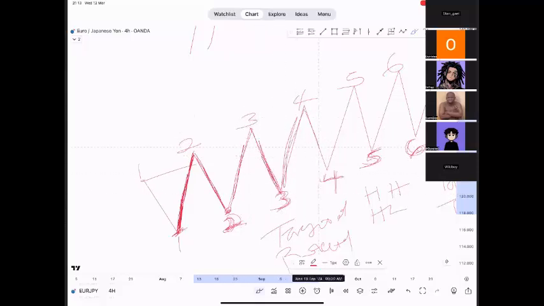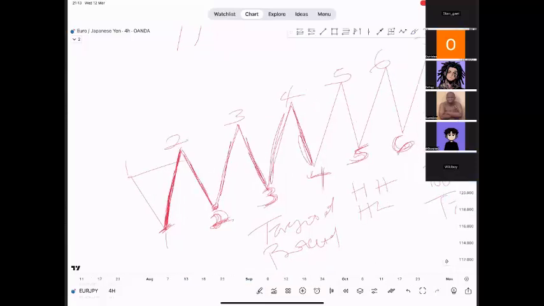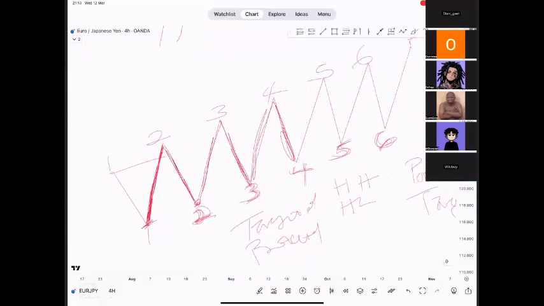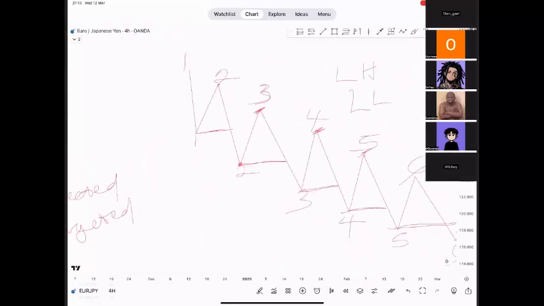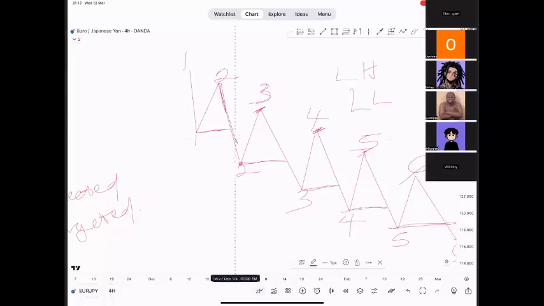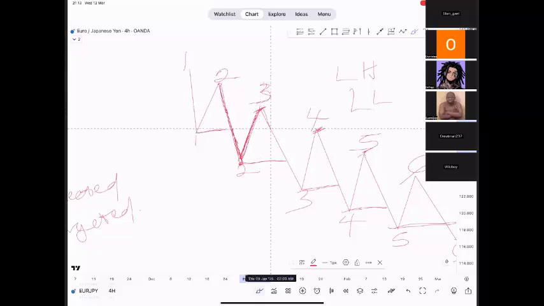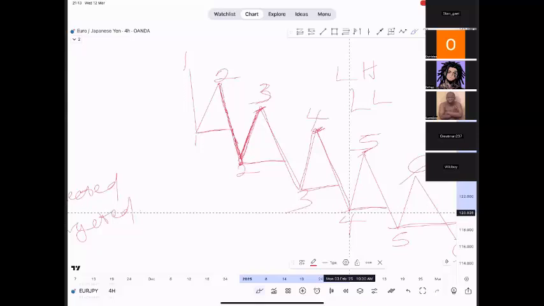So the main moves in any trend are called expansion moves, while the counter moves are called retracement moves. Which means that in a downtrend, the move to the downside is an expansion move. The move to the upside, since it's supposed to be a downtrend, is called a retracement move. Expansion, retracement, expansion, retracement, expansion, retracement. Just like that.